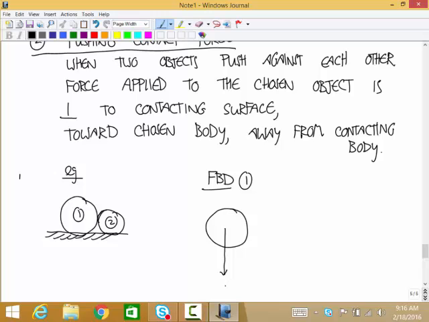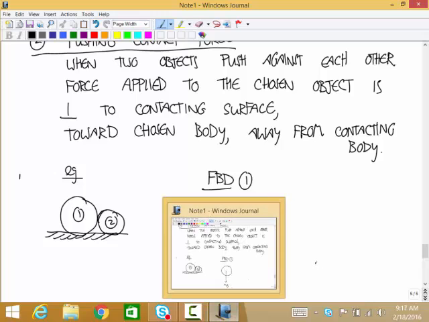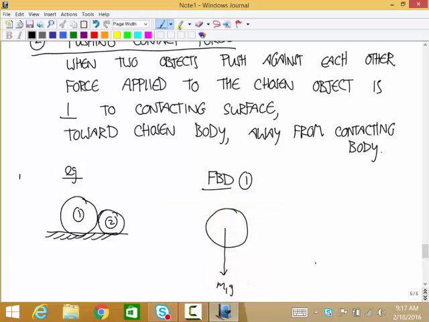So I'll call that M1 times G, the mass of ball 1 times 9.81. And then there's a pushing contact applied by the floor. I'll call that N for normal, and I'll call it N1. There's the pushing contact with the other ball.